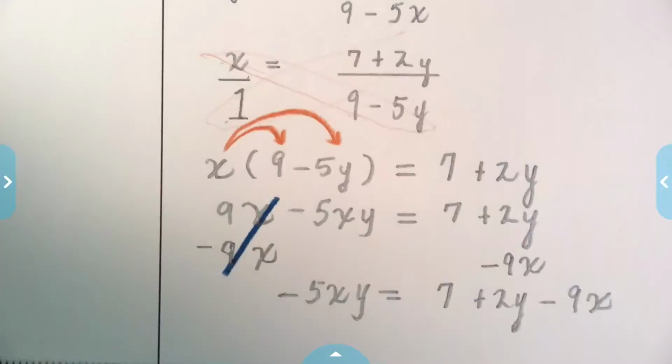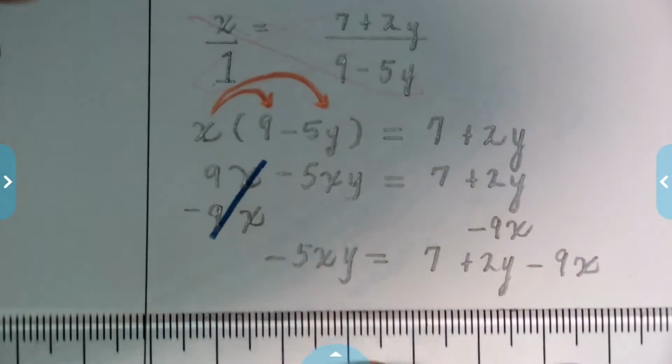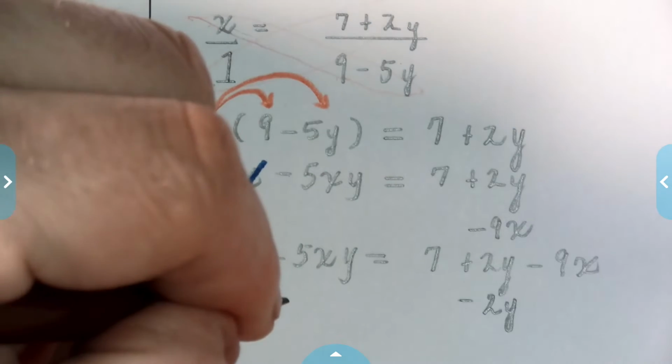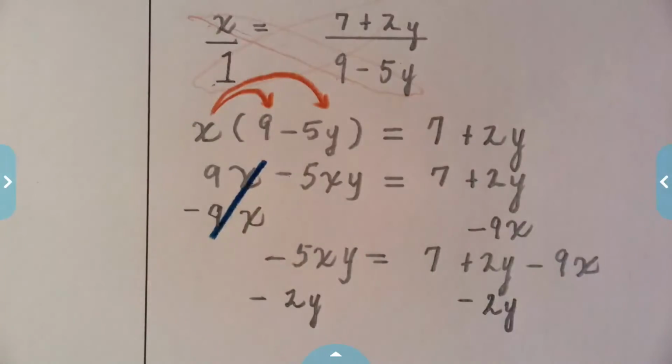And now what I'm going to do is subtract 2y from both sides, and that will clear the y out over here.